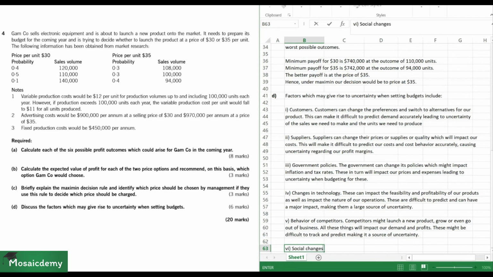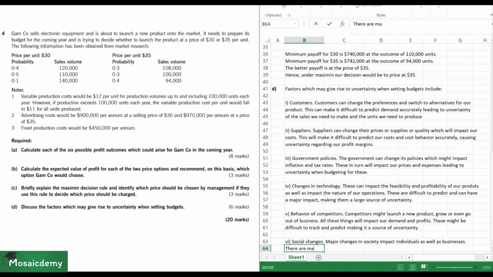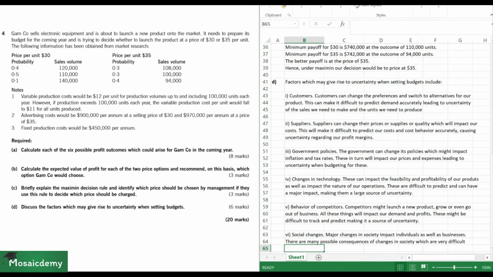So social changes, major changes in society impact individuals as well as businesses. There are many possible consequences of changes in society which are very difficult to predict.